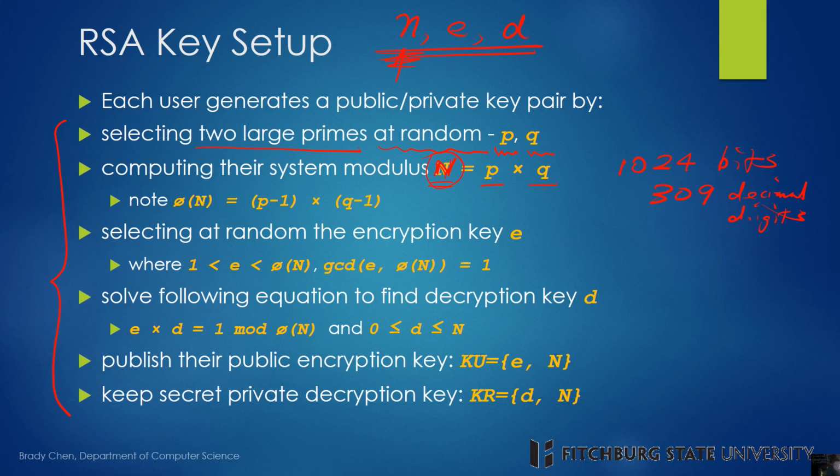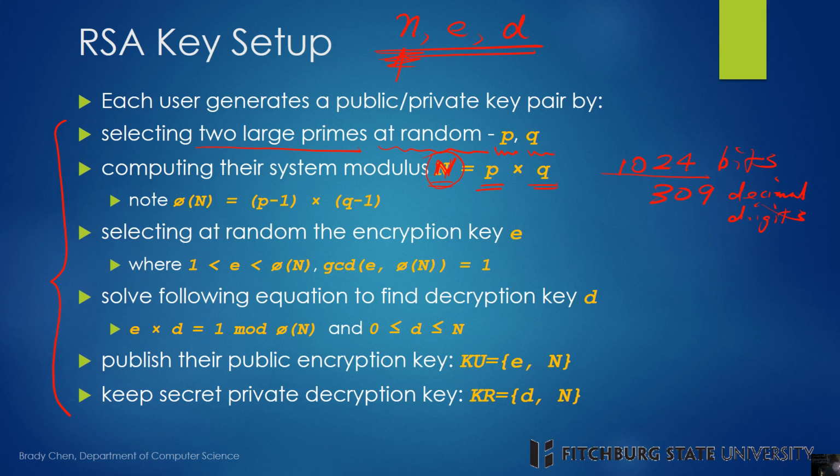So that number should be about this size. Now, if n should be about 1024 bits long, then what's the size for P and Q? P and Q should be very, very big.